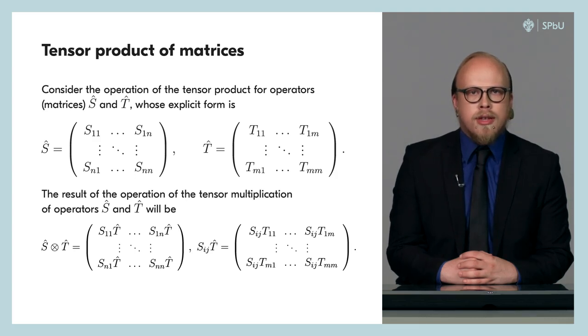On the slide, the operator S is an M by M matrix, that is, it acts on state vectors which are elements of a Hilbert space of dimension M. And the operator T is an N by N matrix, which refers to the Hilbert space of dimension N. As a result of the tensor product, as in our example, we obtain a block matrix of dimension M multiplied by N. A similar situation holds for state vectors.